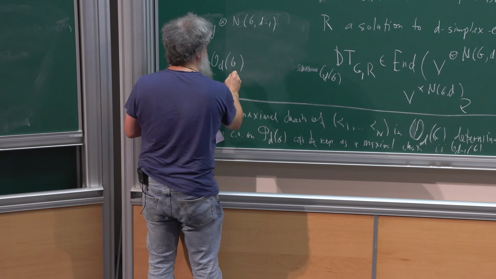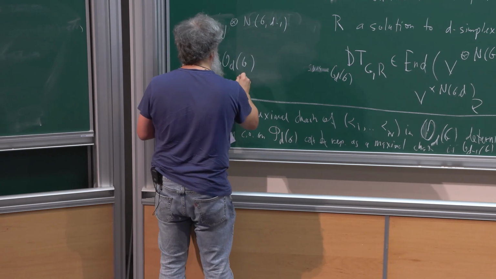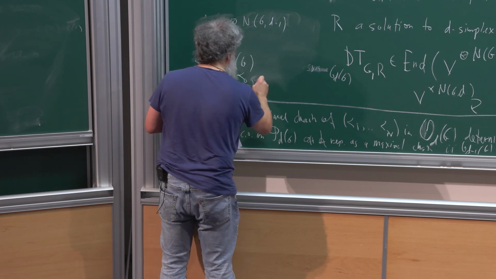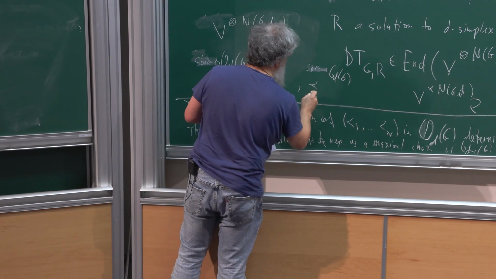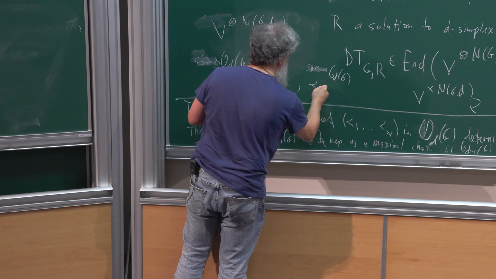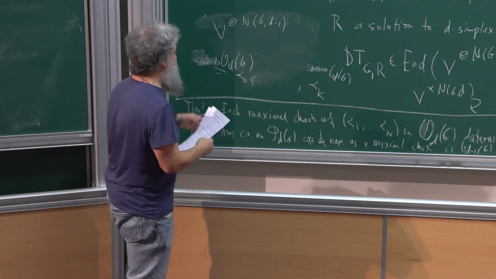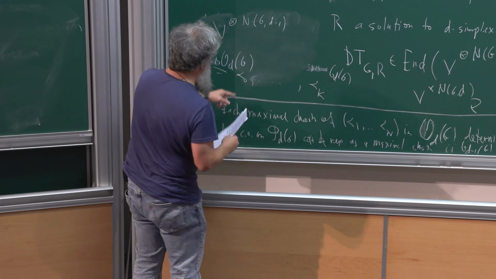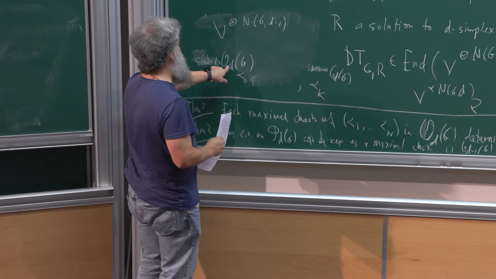Then we consider a maximal chain, some number K. So we have a maximal chain, and 0 is just the order on O_D.